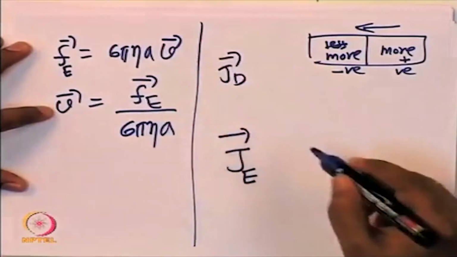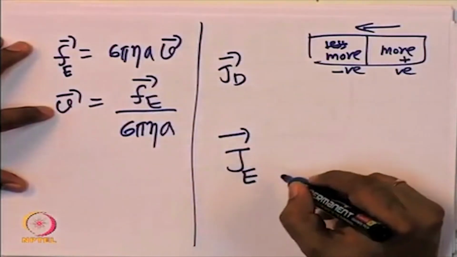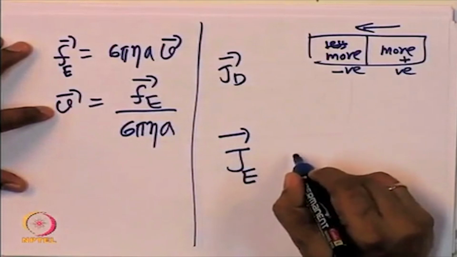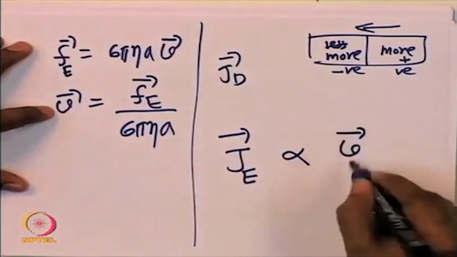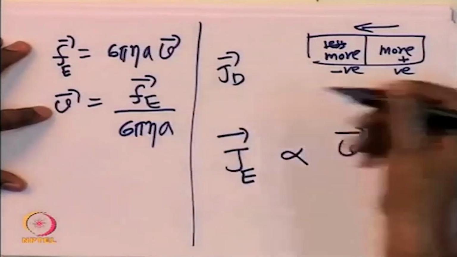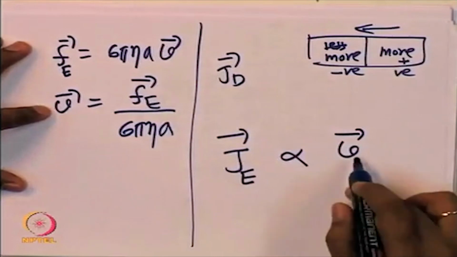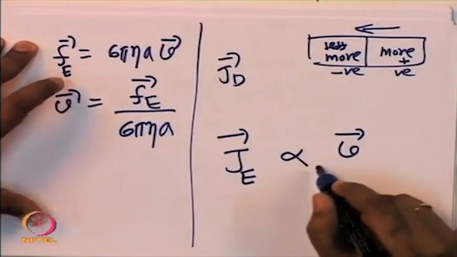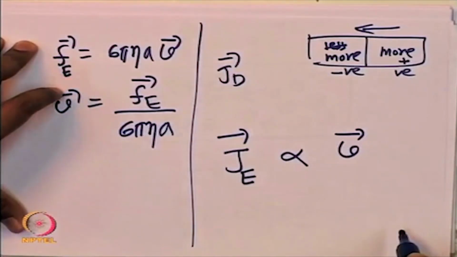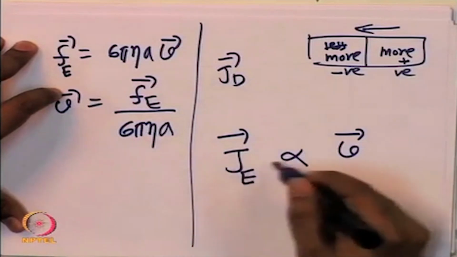Now we will find the current due to the electrostatic interaction, and we will call it J_E. This J_E has to be proportional to the velocity, because the more the force, the more the velocity, and the more the current.